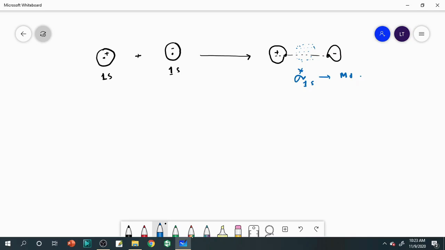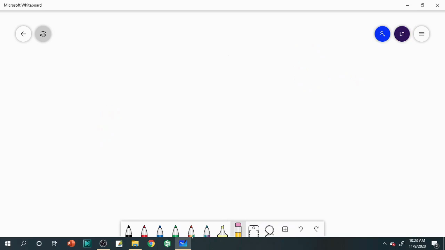Another is, say, this is a px orbital. Let me clear this. And exactly, so this is a 2px orbital, and say this is again a 2px orbital.